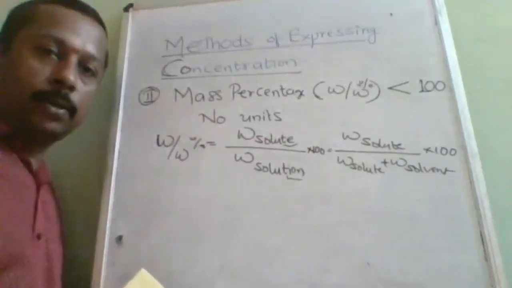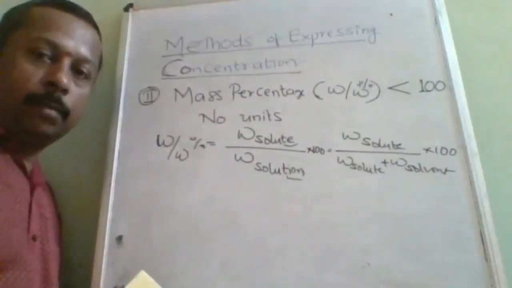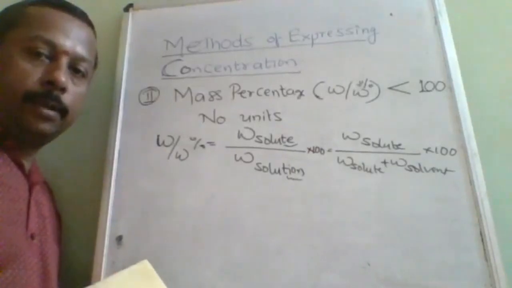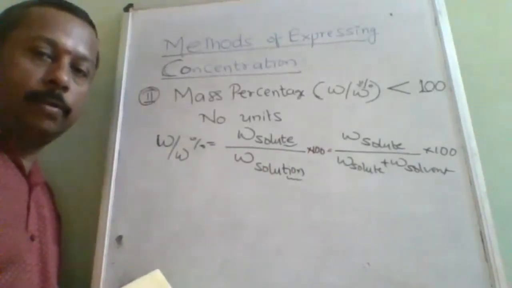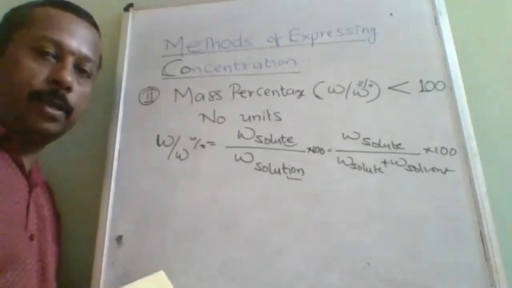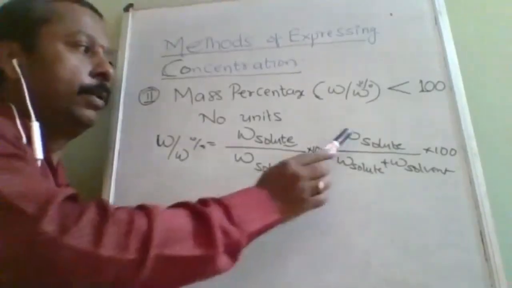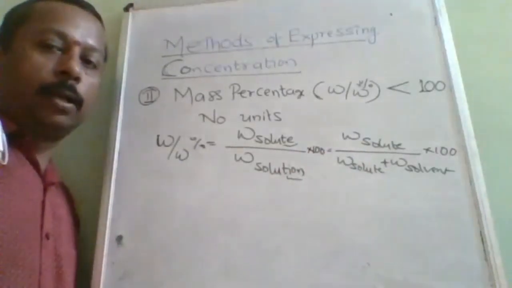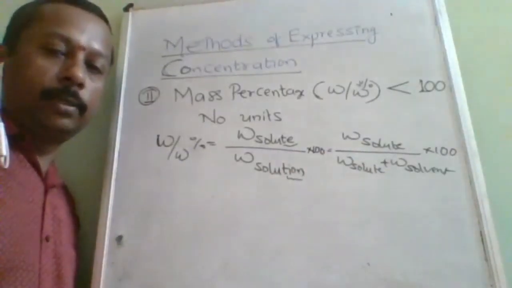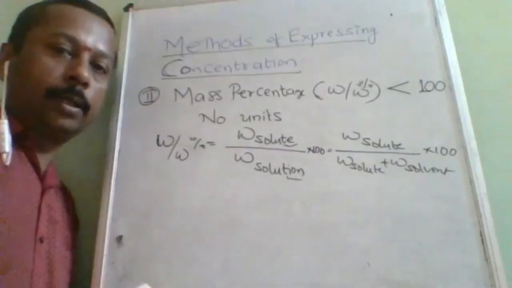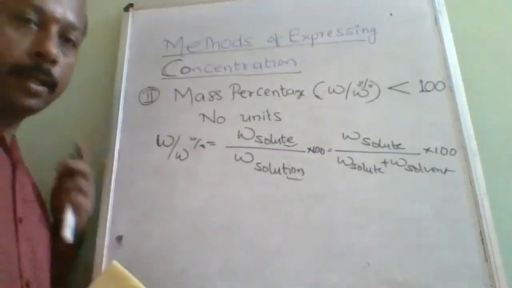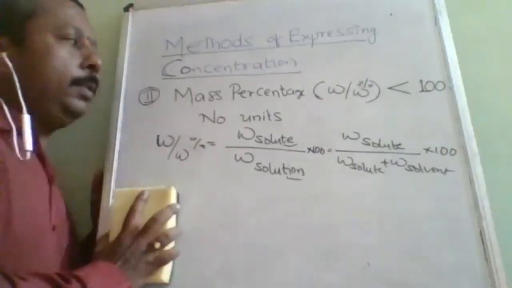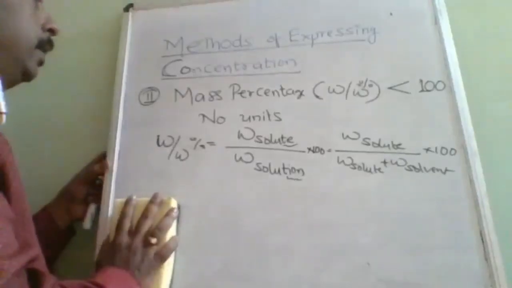If it is equal to 100, it shows that it is a pure compound. It is formulated as mass of solute upon mass of solution into 100, and it is equal to mass of solute upon mass of solute plus solvent into 100. We have just added a new thing, that is into 100. The rest are all the same. Is it understood now? This is about the mass percentage.